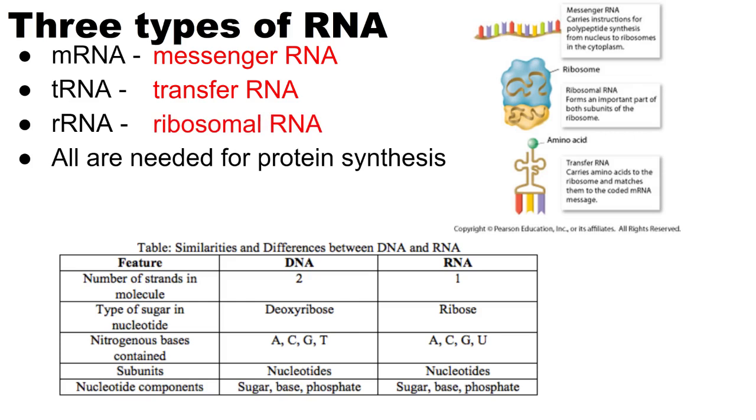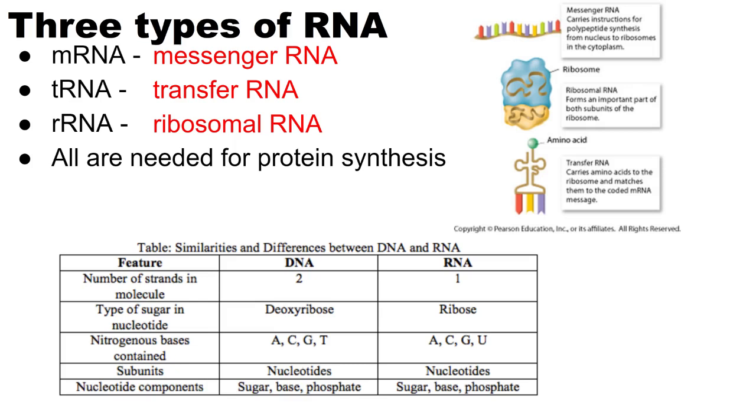Ribosomes are actually made of RNA. And all three of these types of RNA work together to help cells build proteins. Call that protein synthesis. Synthesis means to build up a larger molecule.